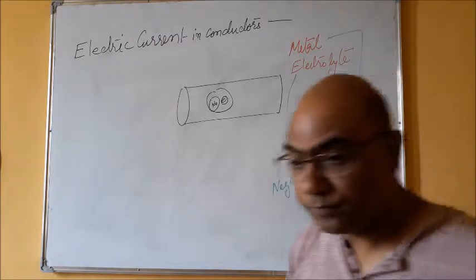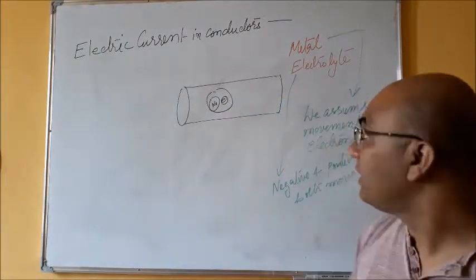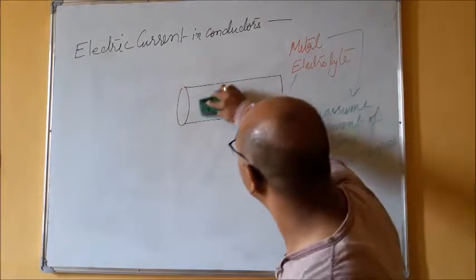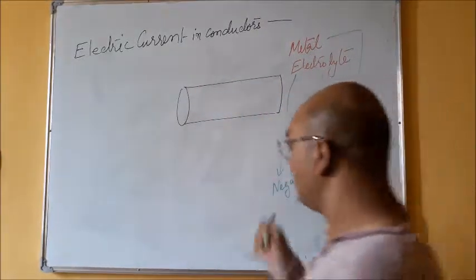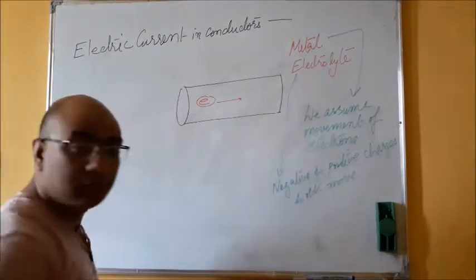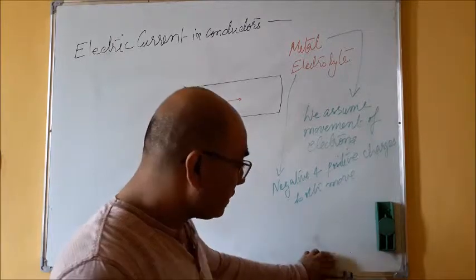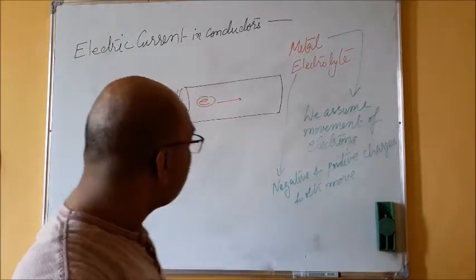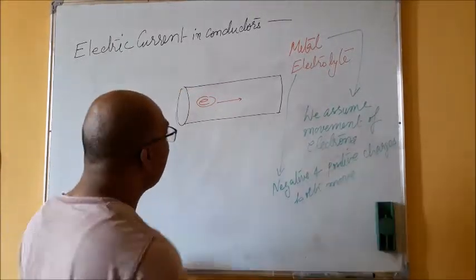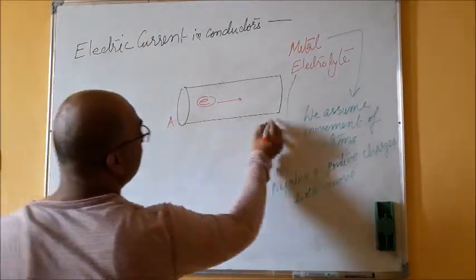So the concept is, if I am saying electrons are moving in this direction, right? So in this conductor, electrons are moving from, suppose this is A, this is B.